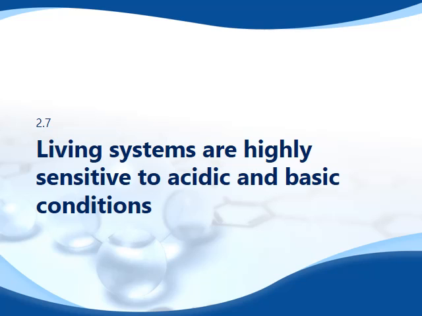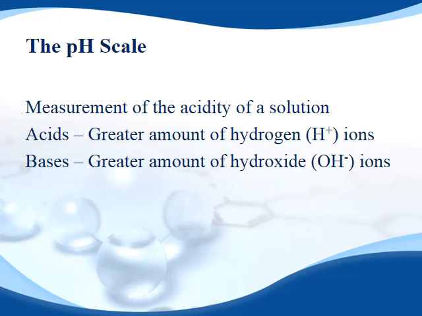Let's look at the following question. Fish live in water. What property of water is important for the survival of fish during winter? Is it A, cohesion, B, heat capacity, C, ice floats, or D, water is a good solvent?